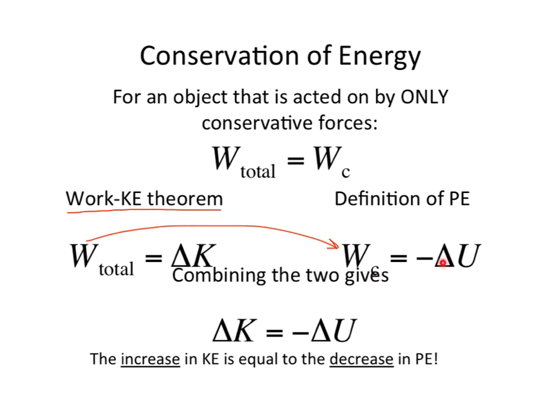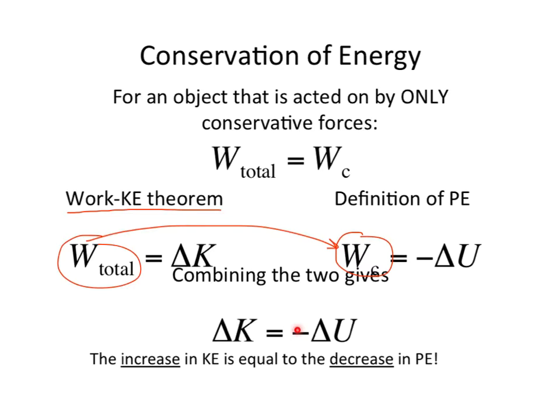So if both of these statements are equal, that is, this total work is done by conservative forces, then we can combine these two and say that the change in kinetic energy results in a negative change in potential energy, and vice versa.